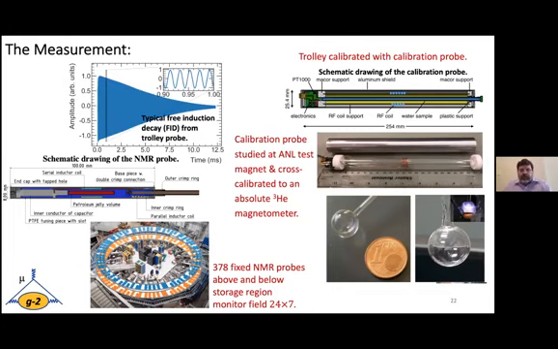And then this calibration probe is further studied at a test magnet at Argonne National Laboratory to get a final calibration factor for the magnetic field. And one of the upgrades for this measurement compared to the Brookhaven one is that some of the collaborators developed an absolute helium-3 magnetometer that's also used as a cross-check calibration probe.